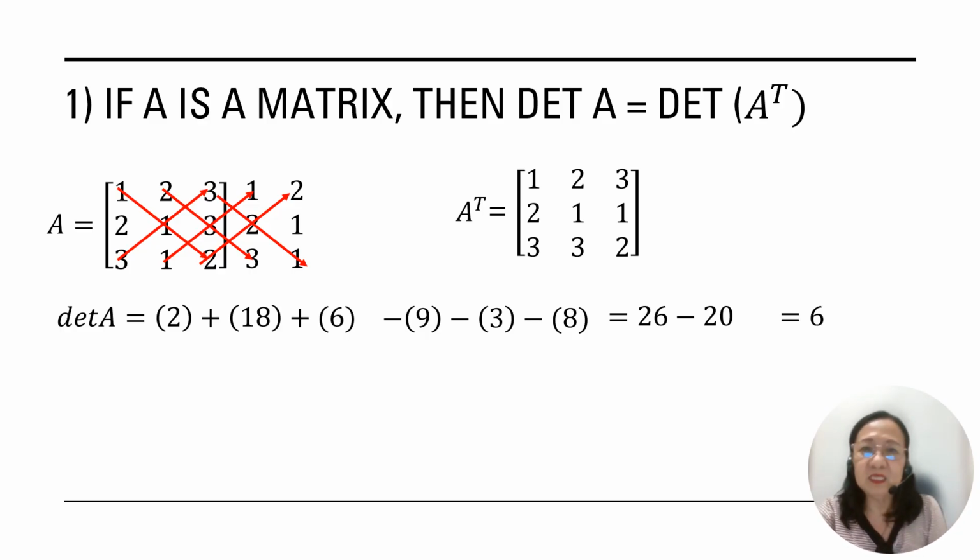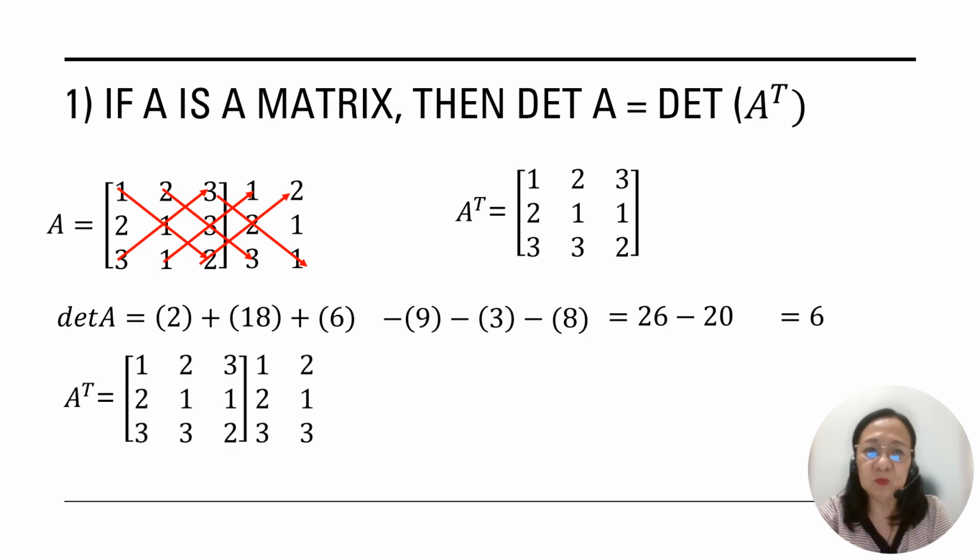Now let us find the determinant of our transpose. Here, we copied the first two columns: 1, 2, 3, 2, 1, 3. And then let us find the product of our diagonals. 1 times 1 is 1, times 2 is 2.